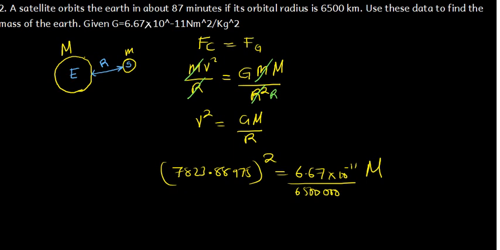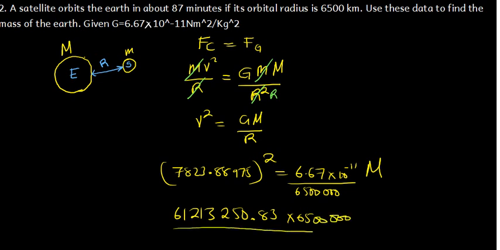we are going to get 61213250.83, and then we're going to multiply by this other value, 6500000, and then this one is on top, so we're going to divide by 6.67 times 10 to the power negative 11, and this is going to give us M alone.